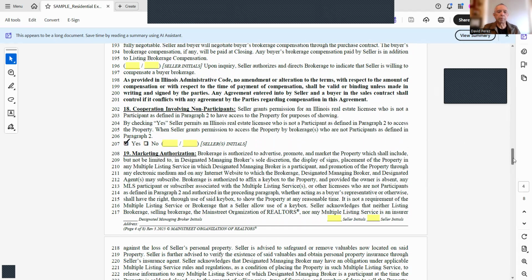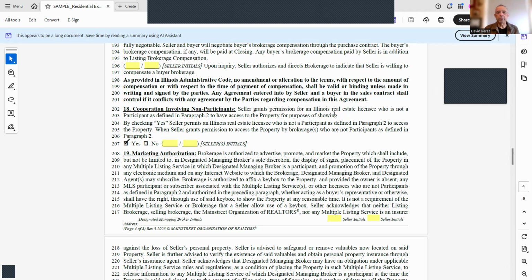We're talking about cooperation involving a non-participant. Seller grants permission for an Illinois real estate licensee who is not a participant, it's found in paragraph 2, to have access to the property. So this basically is all the agents from Redfin, all the agents from Zillow, all the agents from Compass, all the agents out there who are licensed in Illinois.